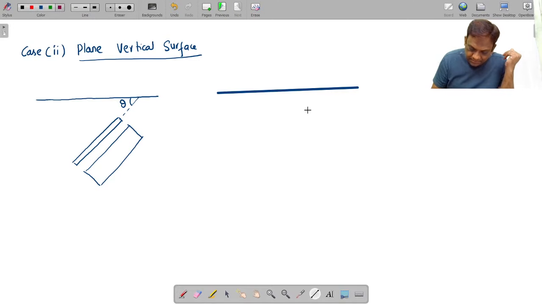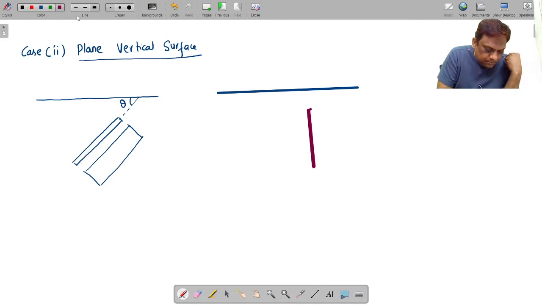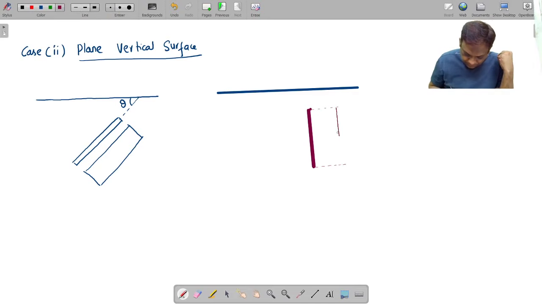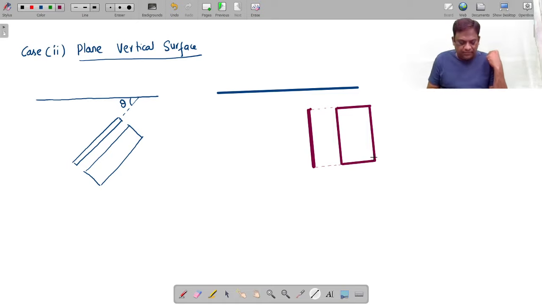Make this vertical. Yes, this is the vertical surface.